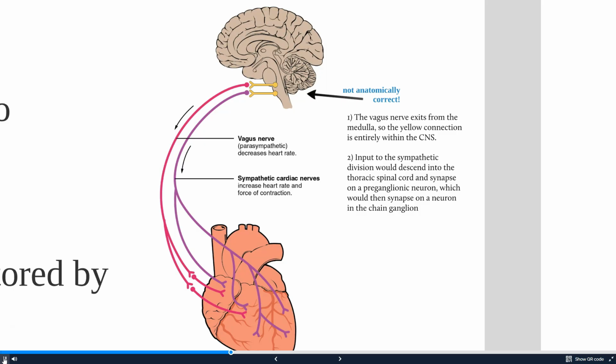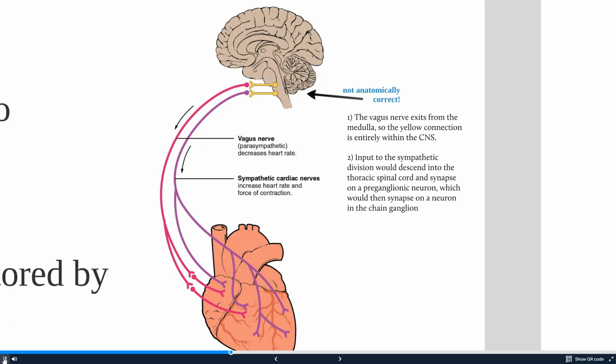And then also the sympathetic system is a little bit more complex than suggested here. The yellow line that we see coming out of the cardiovascular center would actually descend through the brainstem and into the spinal cord to synapse on the preganglionic neuron in the thoracic spinal cord.